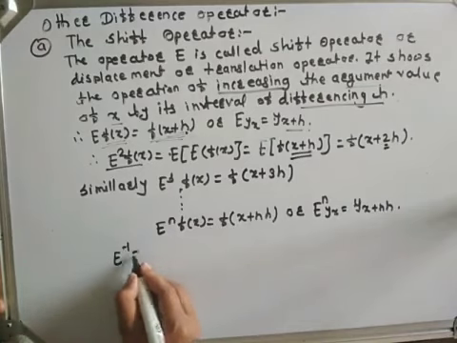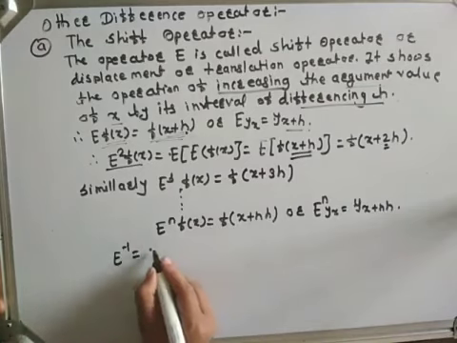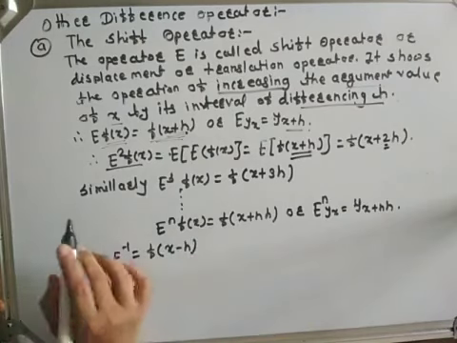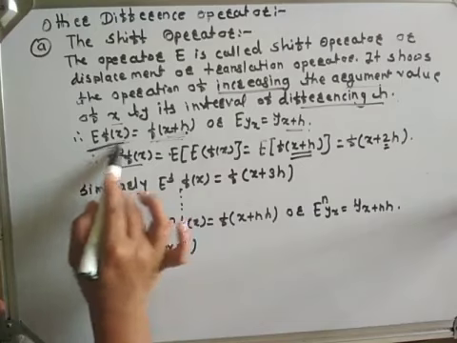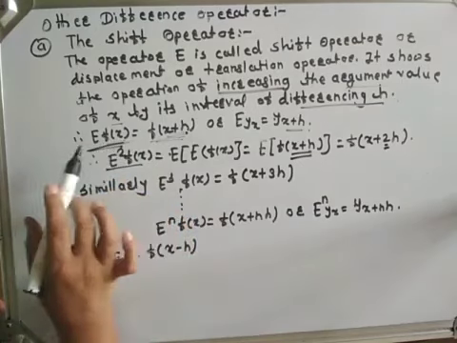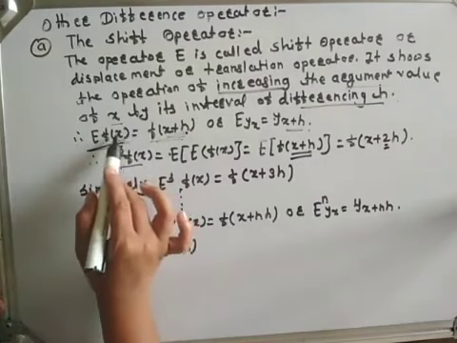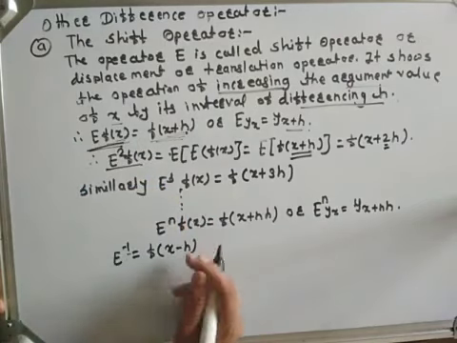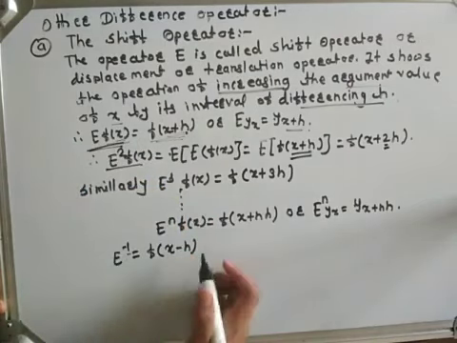Now E inverse of f of x is equal to f of x minus h. For E of f of x, we add h to x, and for the inverse we subtract h from x.